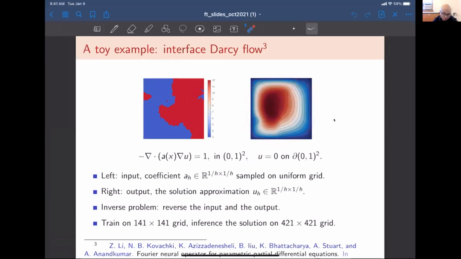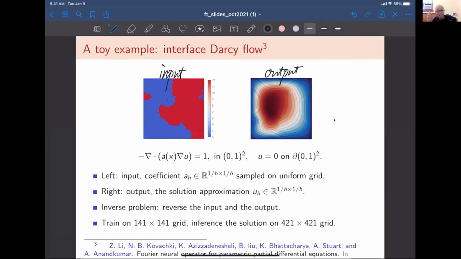What they had done is they use this as input and this as output. Last October, I was pretty blown away by this because I'm not a machine learning guy. I'm just a finite element guy.